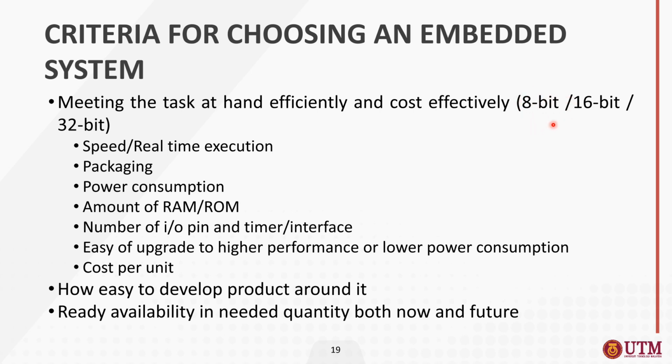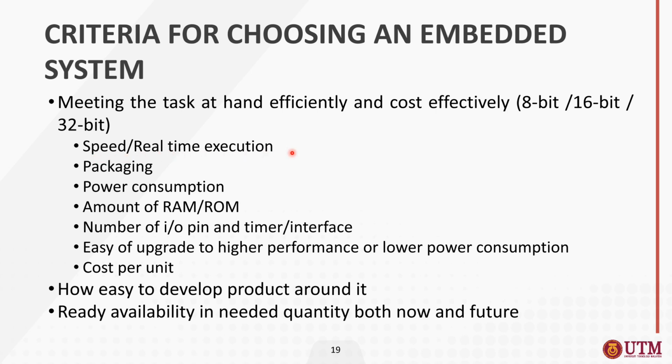You don't have to go to 32-bit or 64-bit. Do you know why? Because you would be overspecifying your system. It is not good because it will cost more, and it is not good if you want to commercialize the product.